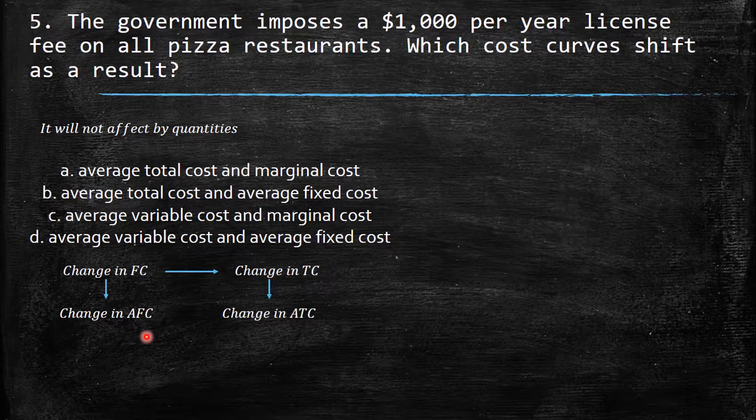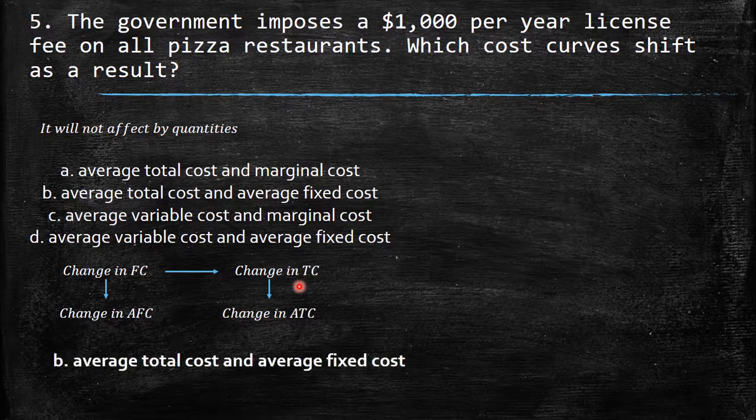So there's going to be a change. And the other one is going to be this one. When we divide by Q, which is the definition of the average total cost, it will change as well because the total cost, the numerator, changes. So for this reason, I should say that the average total cost and the average fixed cost change.